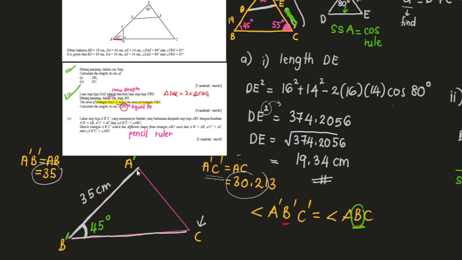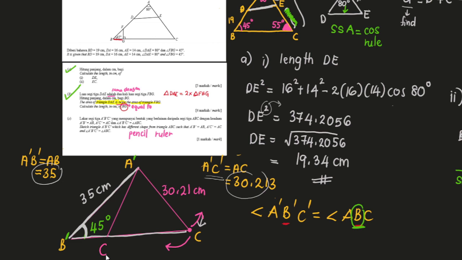So point A teacher cannot move, I can only move point C. Should I draw it going up and form a triangle, or should I draw it bringing in so that I can draw a triangle? If you see carefully, you must bring it in. So you bring it in like this. You follow? So this AC was 30.213 cm, right?